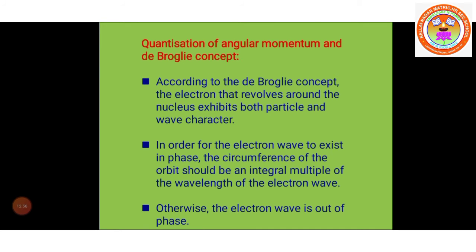So the circumference of the orbit should be an integral multiple of the wavelength of the electron wave. Otherwise the electron wave is out of phase. That means discontinuous, which is not allowed.